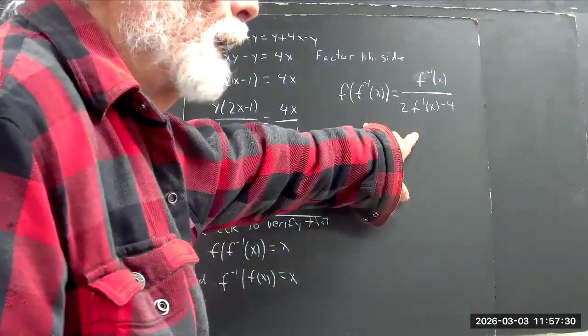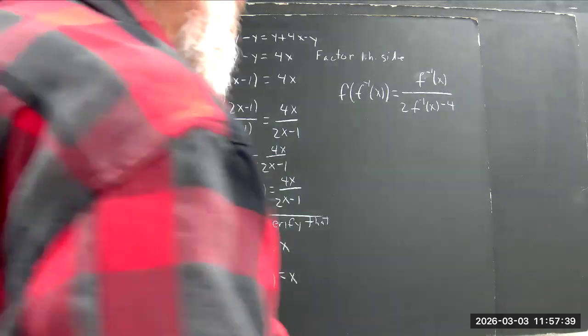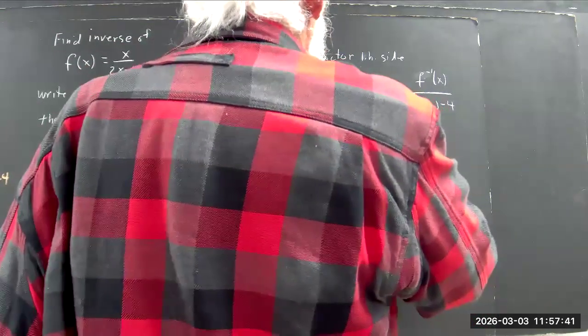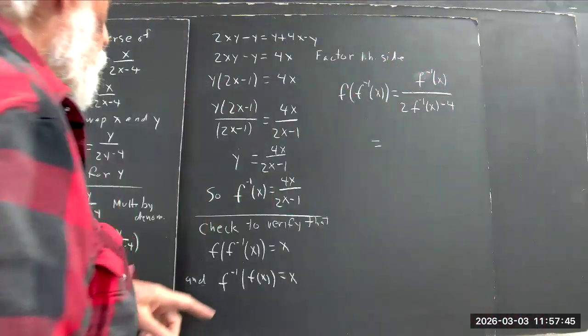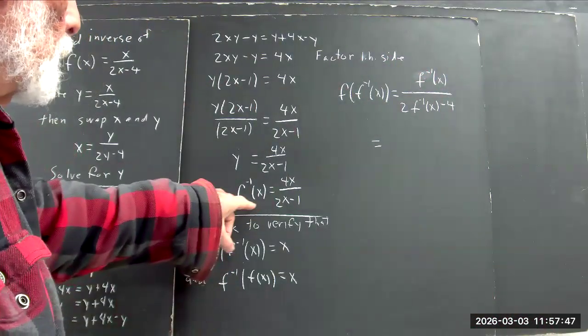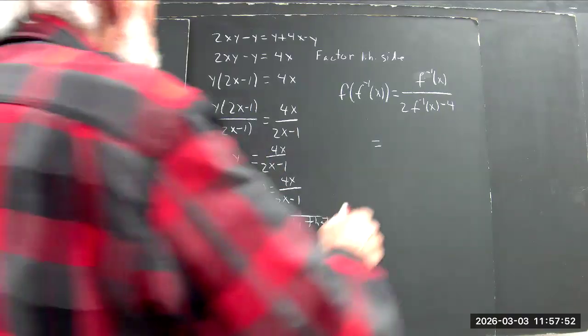This is just the definition of f of x, replacing all x's by f inverse of x. Now, next step gets a little messy. We replace f inverse of x by the formula for f inverse of x, which we just derived as 4x over 2x minus 1.